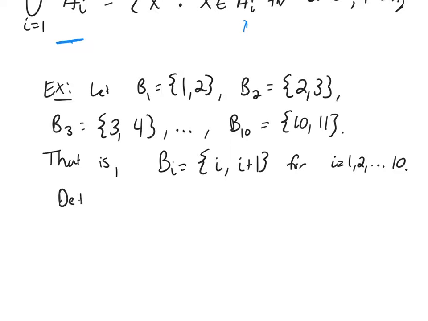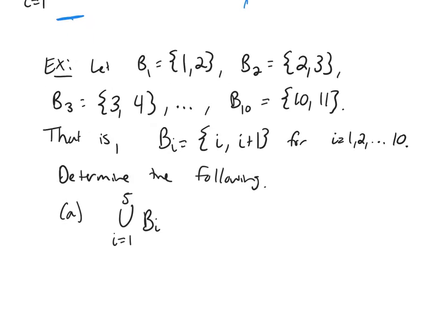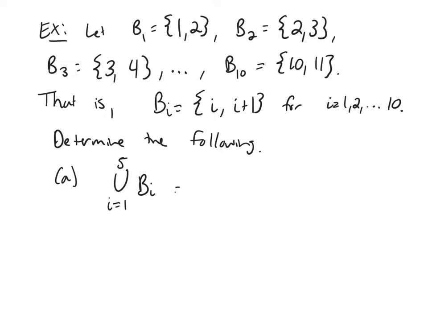What I want us to do is determine the following. Let's look at the union from i equals 1 to 5 of Bi. What this means is I'm taking the union of B1, B2, B3, B4, and B5.